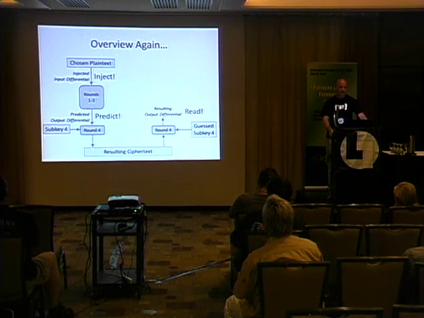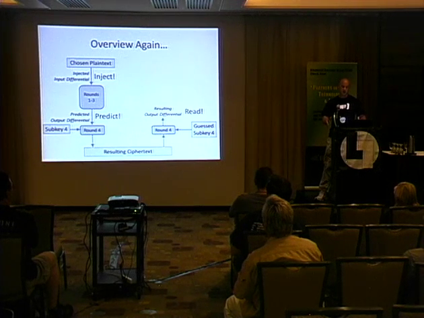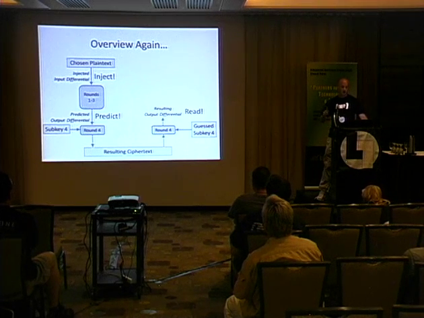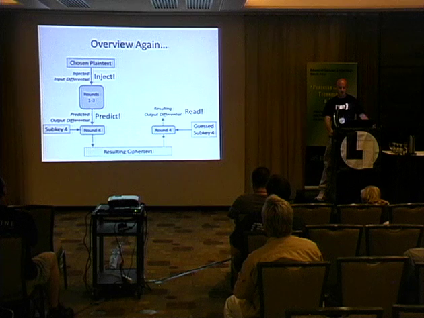So again, now that we have a little bit of context about what this means, we're going to inject numbers in pairs. We're going to inject blocks in pairs that have this input differential. It goes through the first 3 rounds, and it gives us, it should be the predicted output differential, whatever number that happens to be. We get the resulting ciphertext.